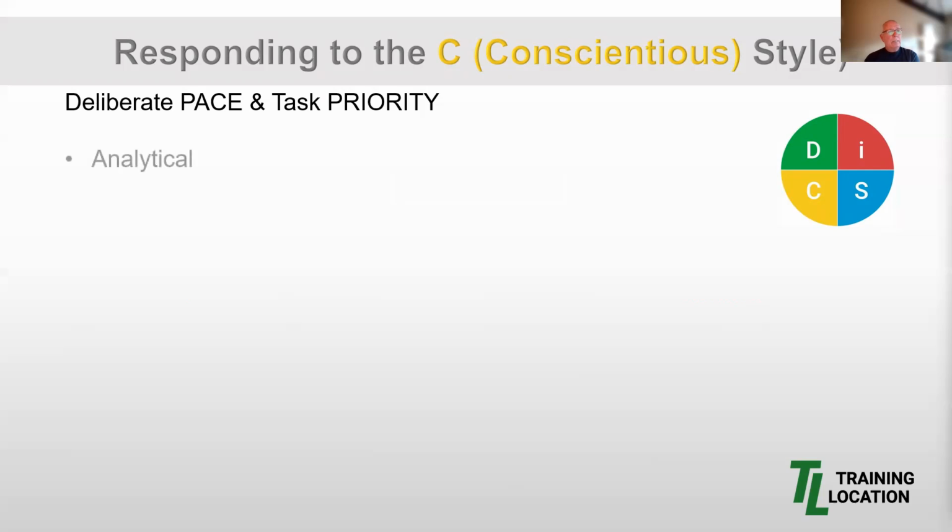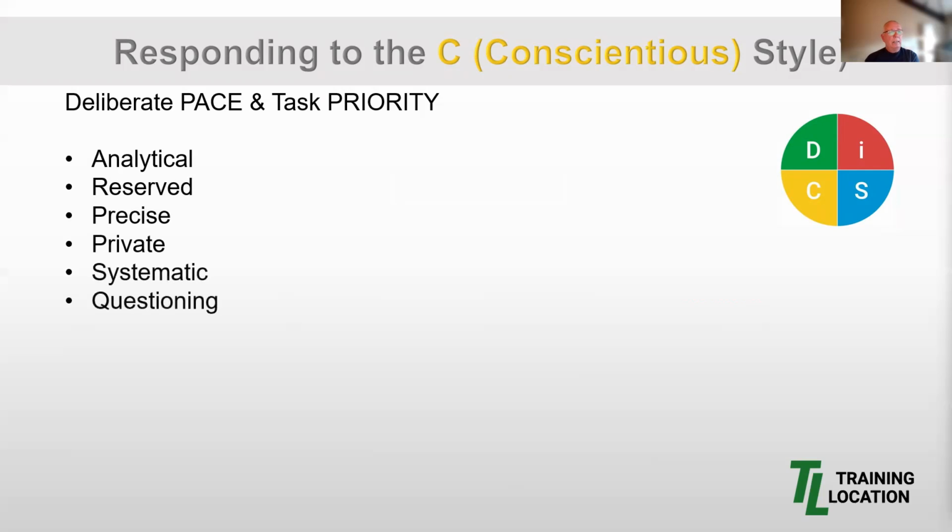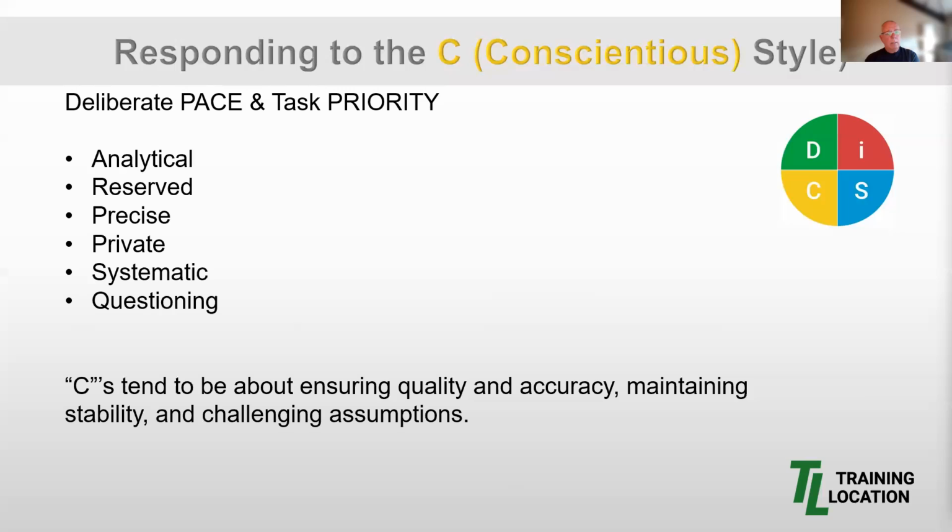Other descriptors of a C style might include analytical, reserved, precise, private, systematic, and questioning. And I could also add logical to that list if I wanted. C's tend to be about ensuring quality and accuracy, maintaining stability, and challenging assumptions. If they had a motto, it'd be do it right.